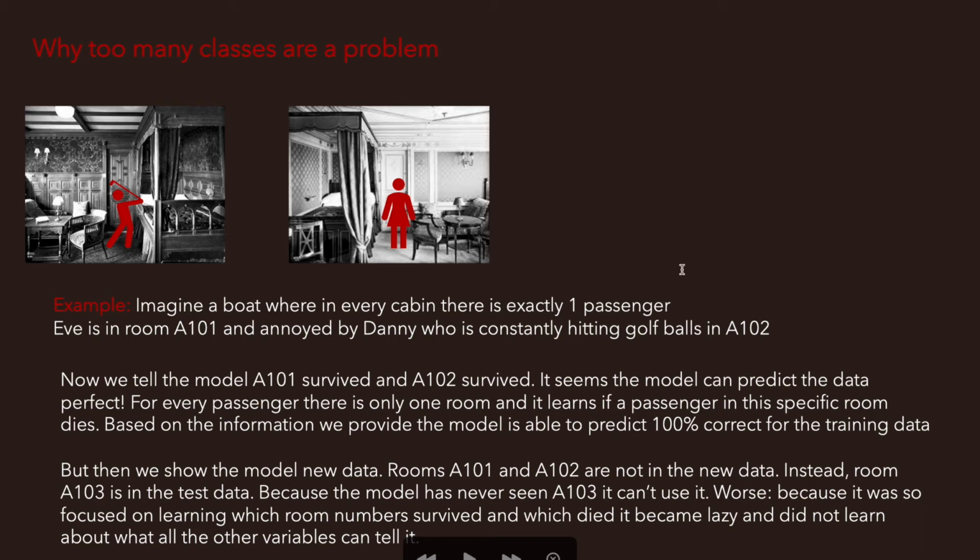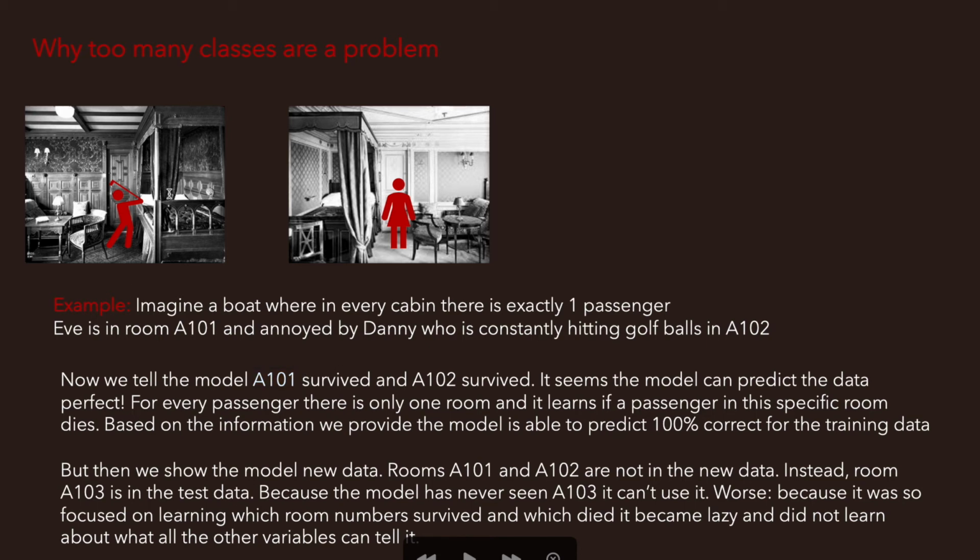So think about what the model is going to learn. It's not going to learn how likely specific areas of the ship are to have people survive or not survive. No, it's going to learn, every time I see someone from room 101, I know he or she must have survived.